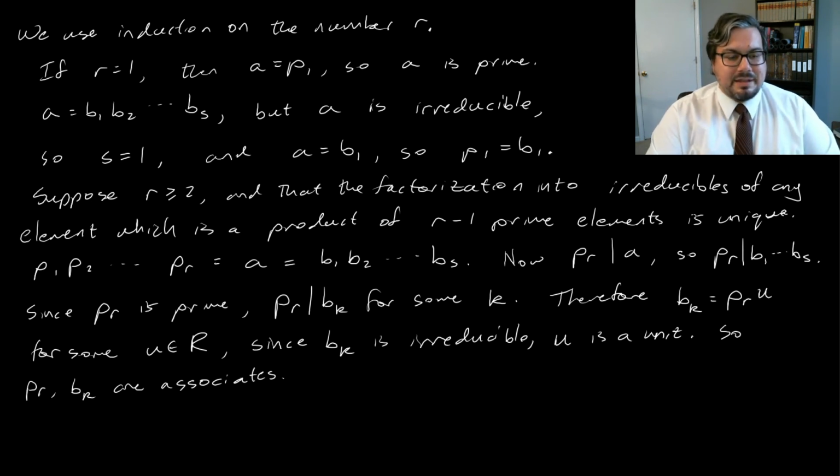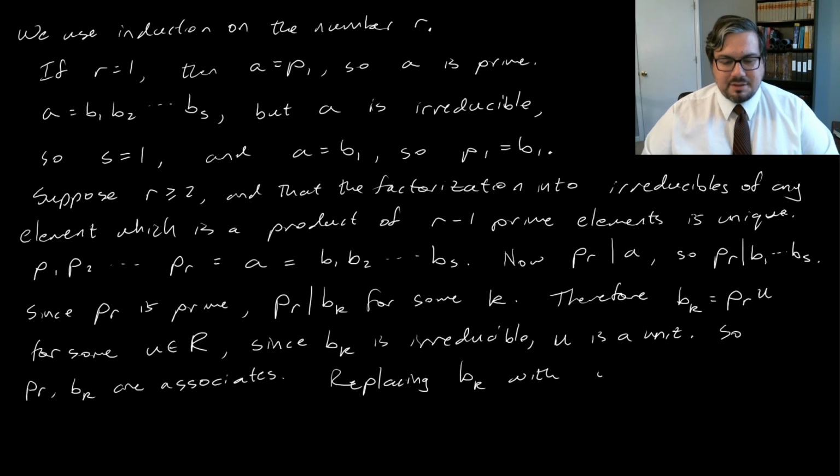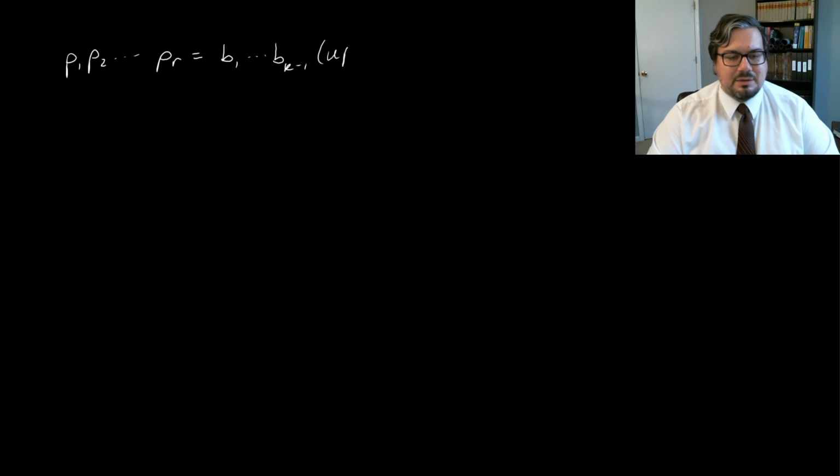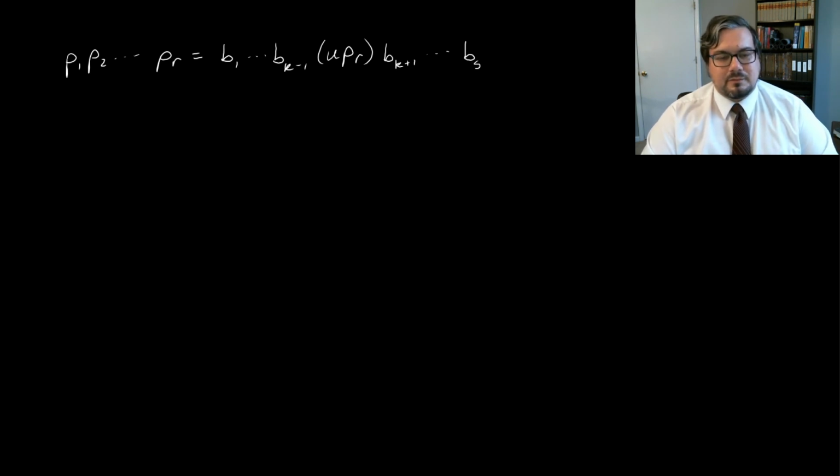So if we replace BK with UPR, we get the following, which I'll do on the next slide. We get that P1, P2 up through PR is equal to B1 up through BK minus 1 times BK, but BK is equal to U times PR times BK plus 1 up through BS.